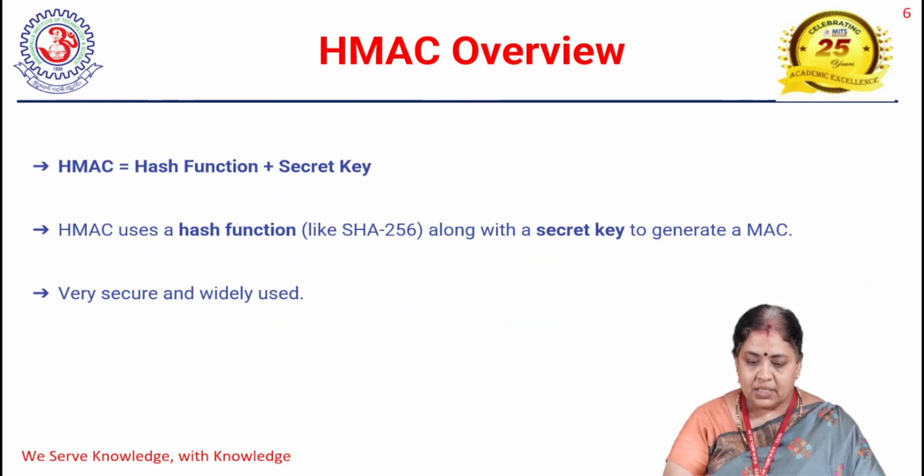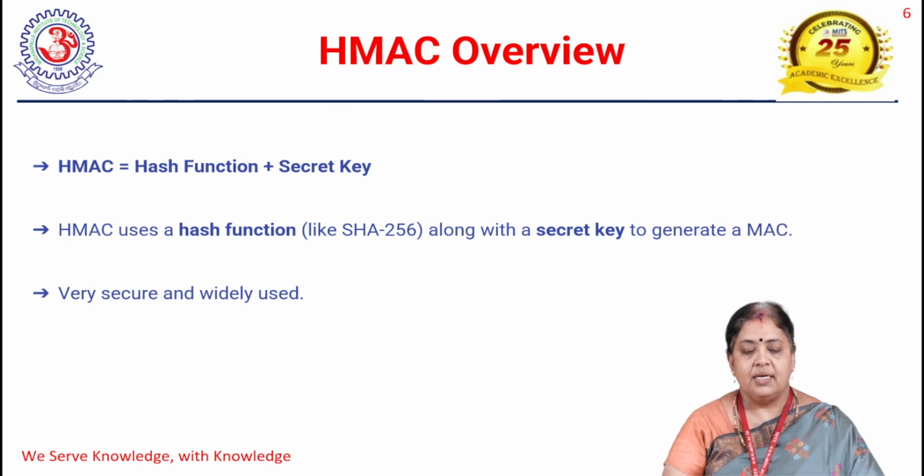Coming to this overview once again, what is HMAC? HMAC is a combination of a hash function and a secret key. The hash function is incorporated with the secret key in order to produce a new code that we call HMAC. Generally, it uses SHA-256 along with the secret key to generate a MAC.